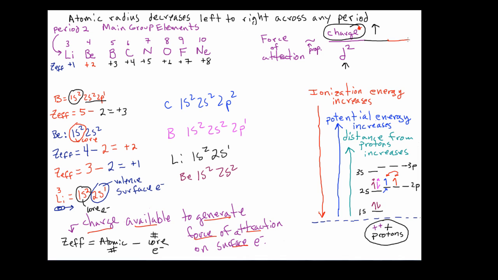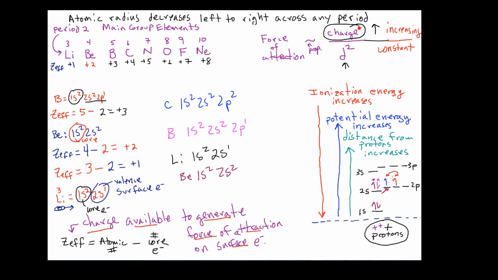So I'm going to extend this out here, and I'm going to boil this down now. In our numerator, as we go left to right across the table, we have increasing charge, which is translating into increasing force of attraction, and we have a distance factor that's remaining essentially constant. We have this little bump going on as we go from the 2s into the 2p as we shift from beryllium into boron.